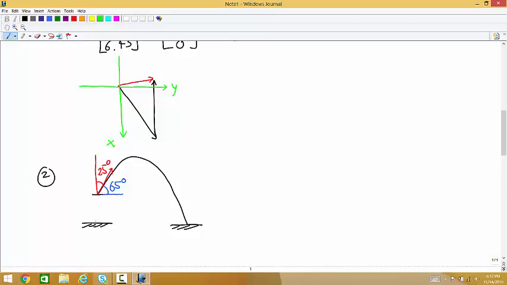So if I put a coordinate system on the ground underneath where it's thrown, what are we trying to figure out? How far does it travel horizontally before it hits the ground, and what's the velocity just before it hits the ground? So for both of those, we have to figure out how long it takes to hit the ground.